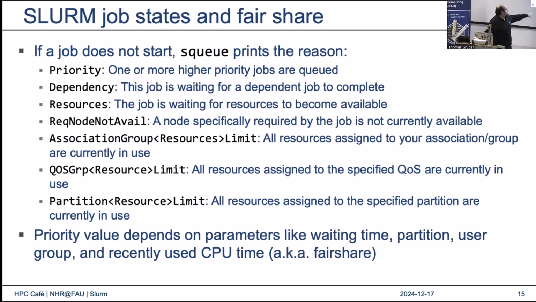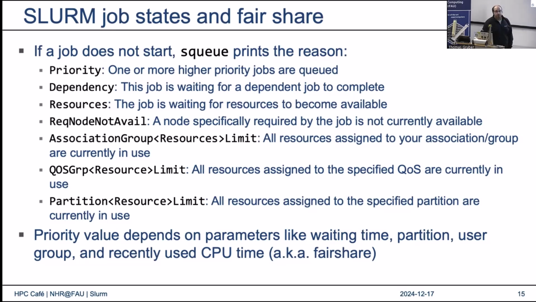Important is this priority thing, depends on multiple parameters. It's not a thing that we set, and we reduce it for people we don't like. That's not the case. The priority is automatically calculated based on the waiting time. So if you waited a long time for a job, you get a higher priority so that it starts earlier. Depends on the partition you used, on the user group, so which group you're in, and recently used CPU time.